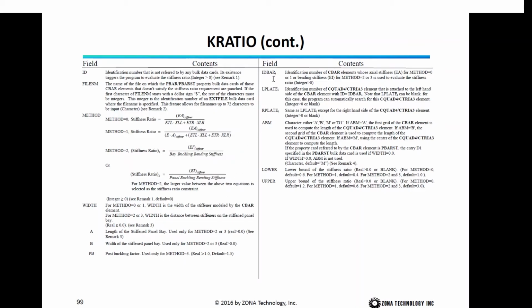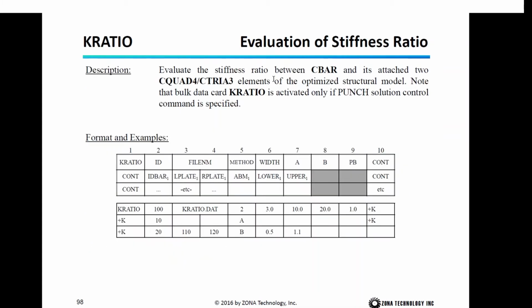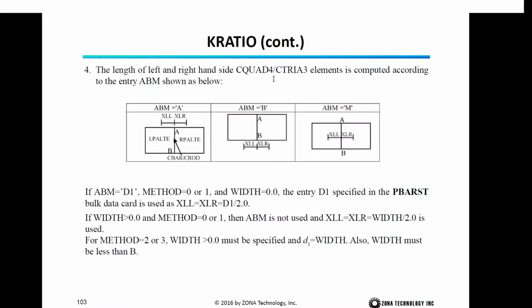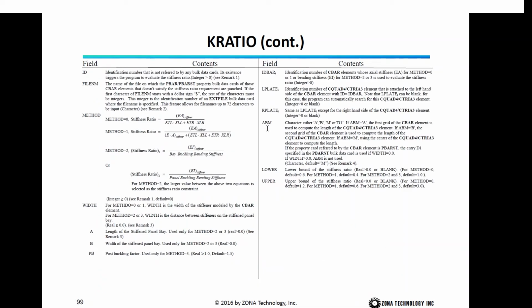Okay, let's look at this. ID bar is the ID of the CBAR element. And L plate is the ID of the CQUAD4 or CTRIA3 that is attached to the left hand side of the CBAR.